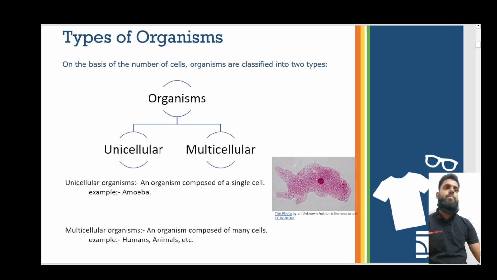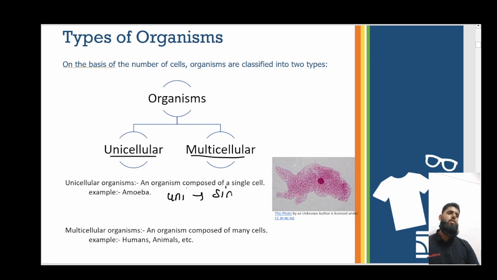Now, if we move forward, there are different types of organisms based on which type of cell they possess. So there are two types of organisms. First is unicellular organisms and second one is multicellular organisms. What is the meaning of unicellular? Uni means single and cellular means cell. So unicellular means single cell organisms which contain a single cell.